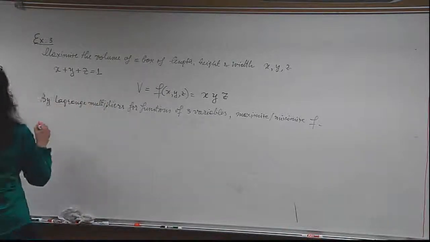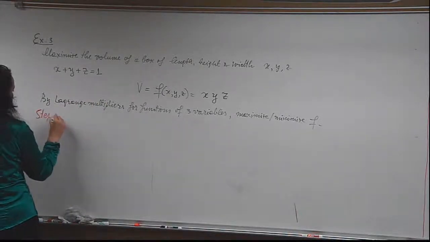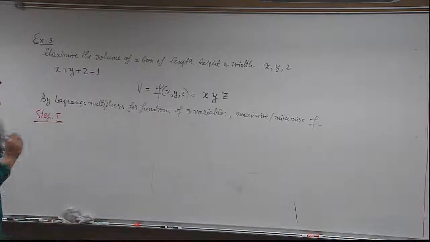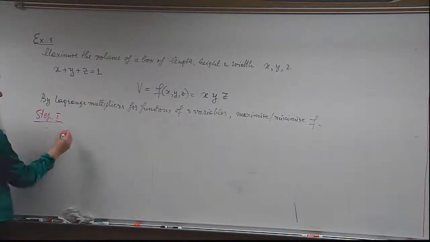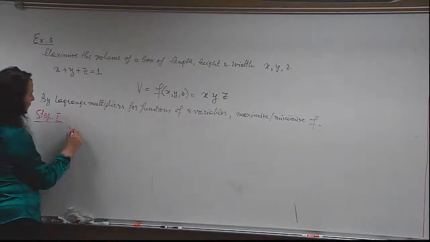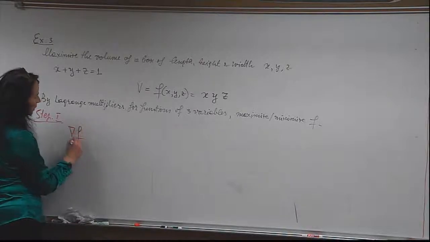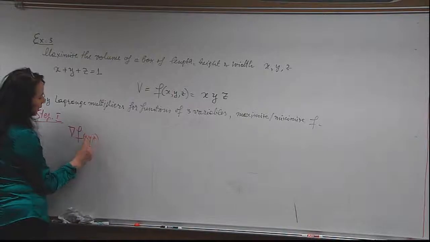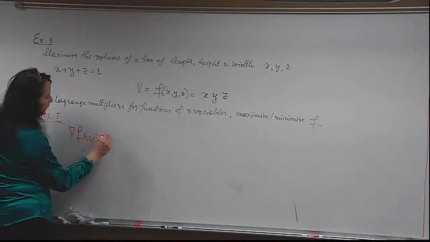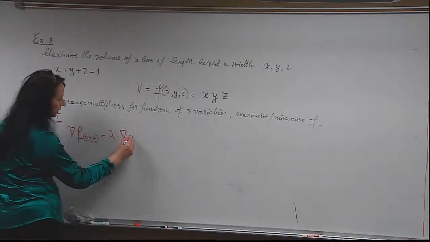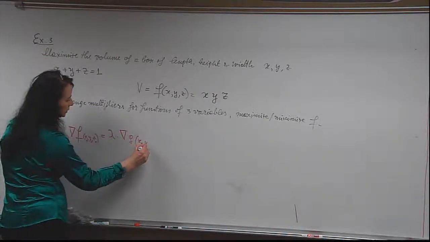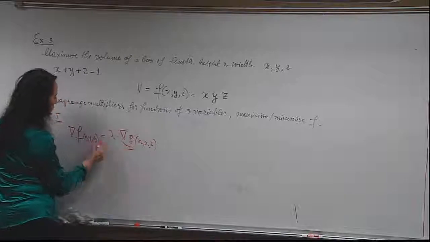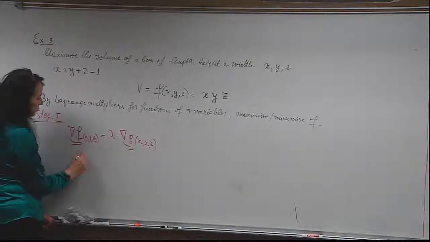Step 1. Say it again, Magdalena. What do you mean? I mean that you're going to have something like that. The system for nabla f of x, y, z at the point x0, y0, z0 will be, this time, lambda times nabla g at x0, y0, z0, where both nablas are in R3.